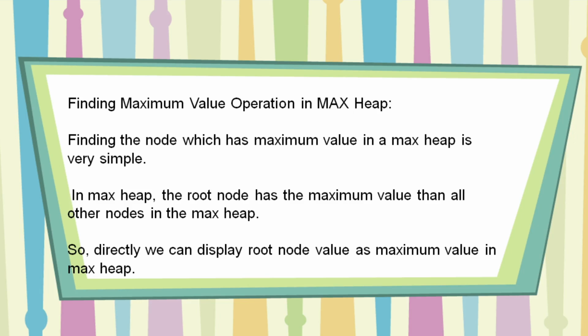Because the max heap property says all the children should be less than the parent, so the topmost parent has the highest value. In our tree representation, the starting node is the root node. It contains the maximum value compared to other nodes in a max heap. So we can directly display the root node value as the maximum value in the max heap.